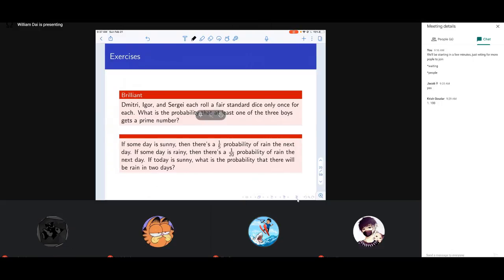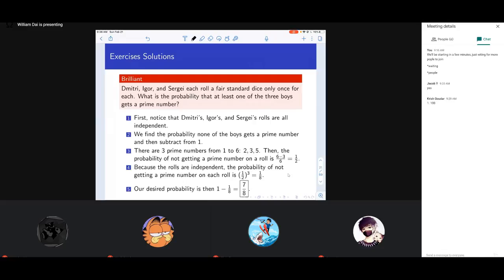Okay, so I hope you guys had enough time. If you didn't, let me know. So the first problem. Notice that all of these rows are independent. Obviously, the behavior of the rows doesn't depend on what happens to the other rows, and so we introduce a technique called complementary counting here.